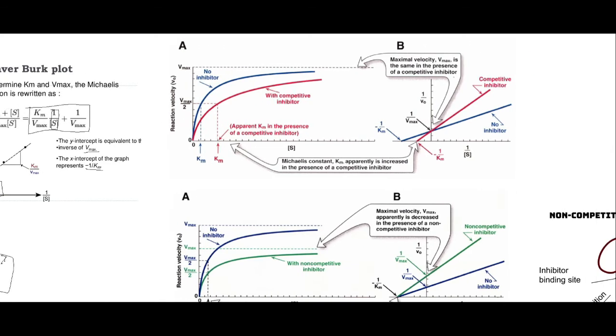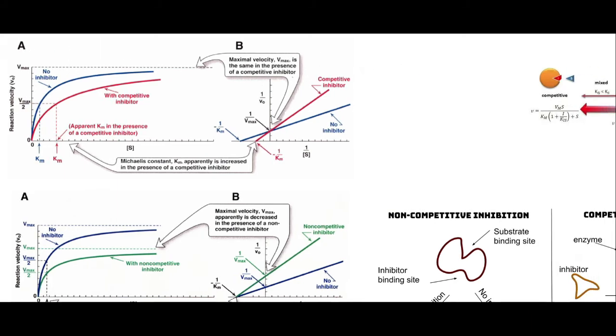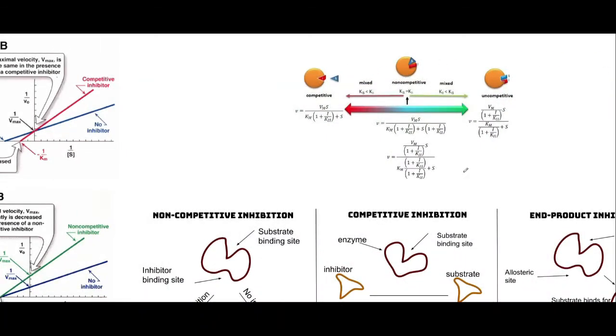What's helpful for that is thinking about what are called inhibitors and the different kinds of inhibitors. We can have a competitive inhibitor and a non-competitive inhibitor, and over here there's also what's called an uncompetitive inhibitor.